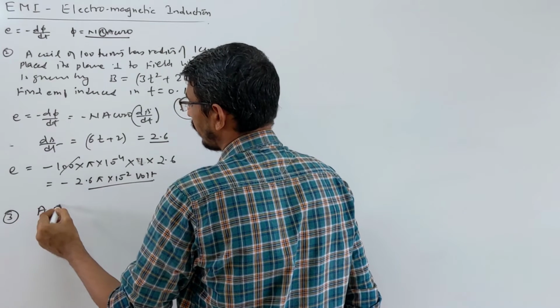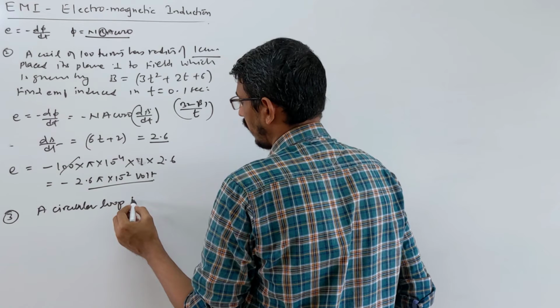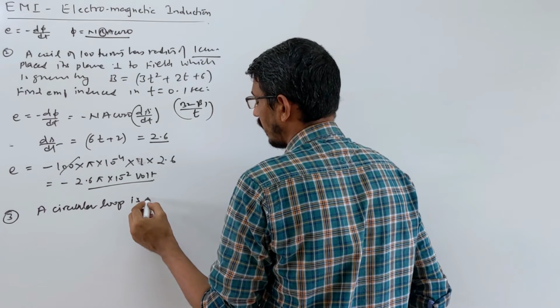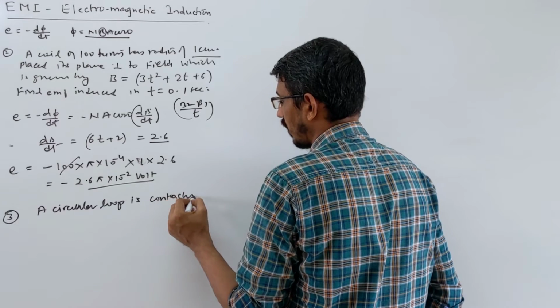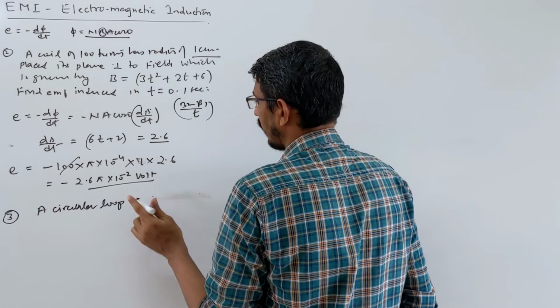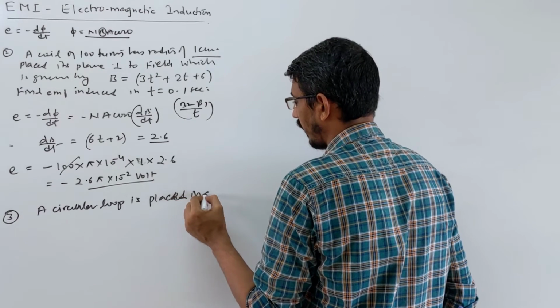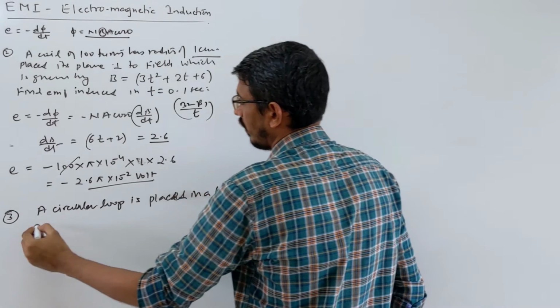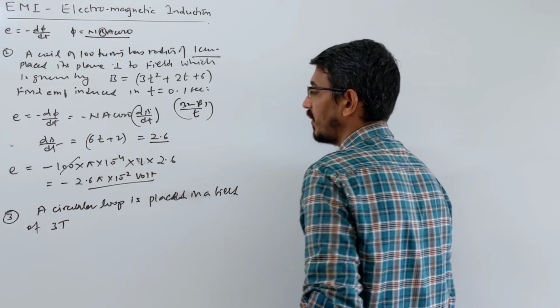A circular loop is placed in a field of 3 Tesla.